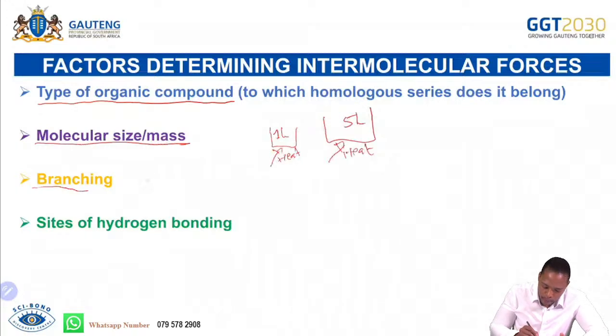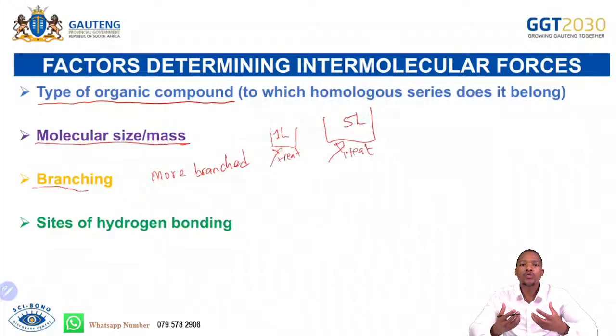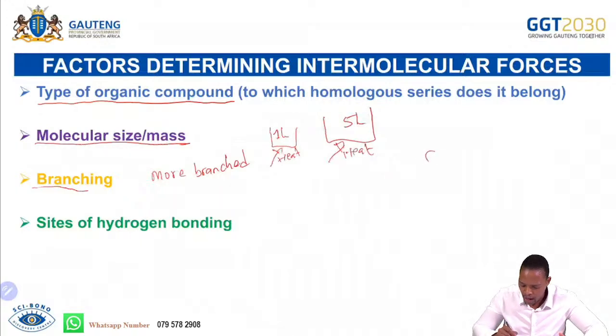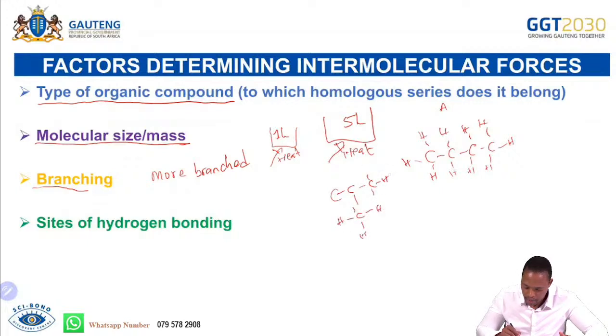If a compound is more branched, this compound will be easier to overcome its intermolecular forces. A compound that has more branches, for example, if I have 1, 2, 3, 4, a compound that looks like this, this would be a butane, a compound such as butane, and then a compound like this one, I'll call this maybe compound A, a compound like this one, they all have the same number of carbons.